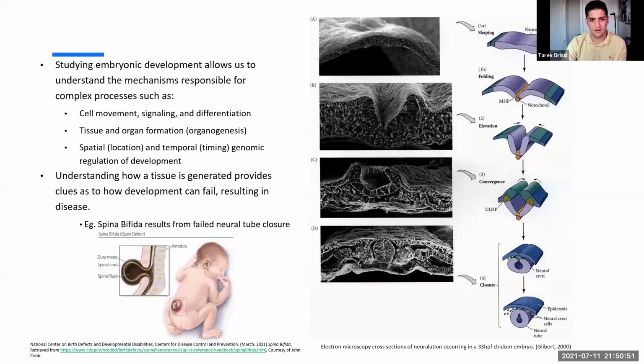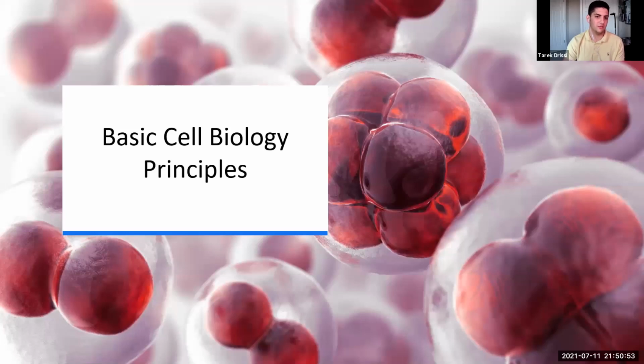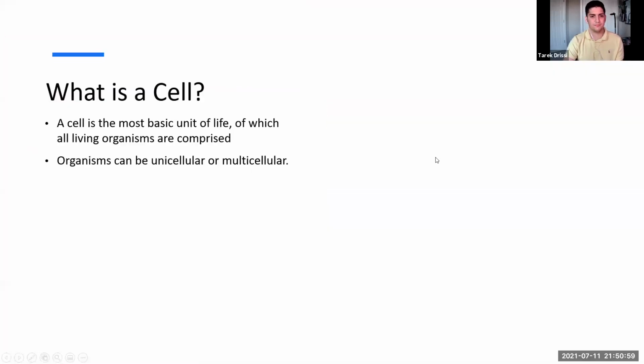Okay, so moving on, that was just a short intro. I'm going to go into some basic cell biology principles that will help us understand the full picture of development. First things first, simple question: what is a cell? A cell is the most basic unit of life of which all living organisms are comprised. Organisms can be unicellular or multicellular.